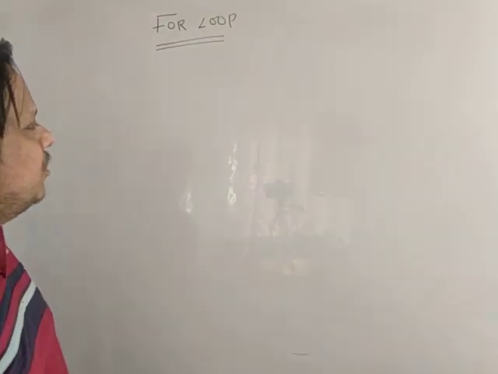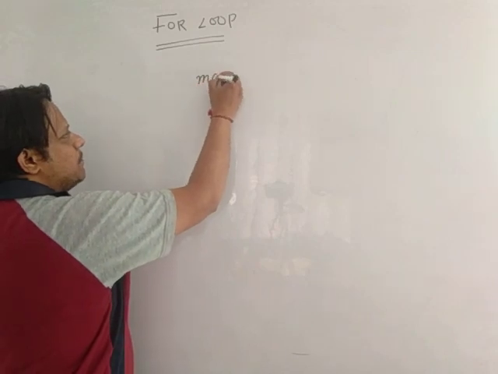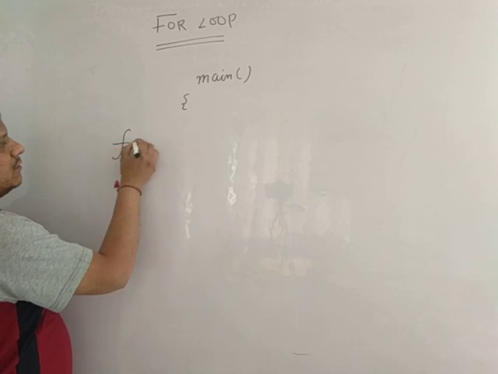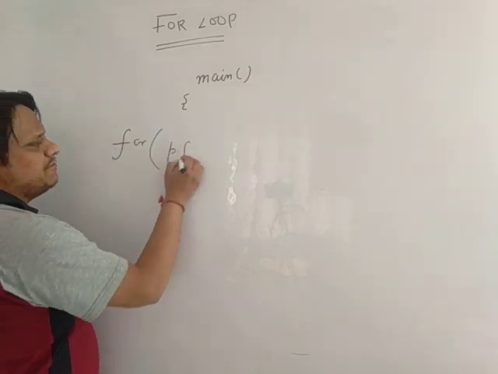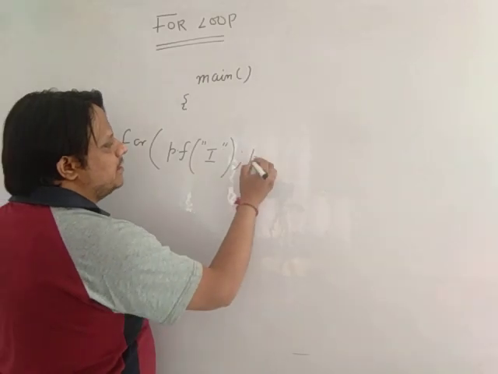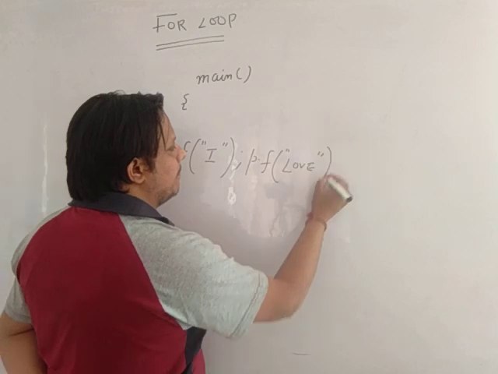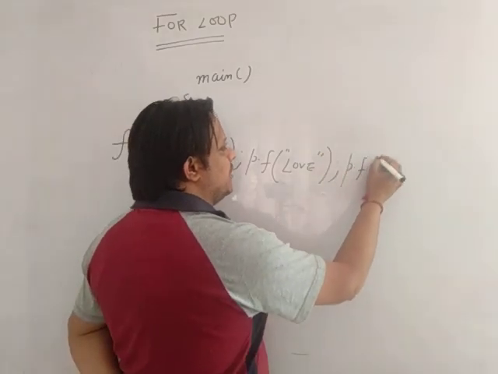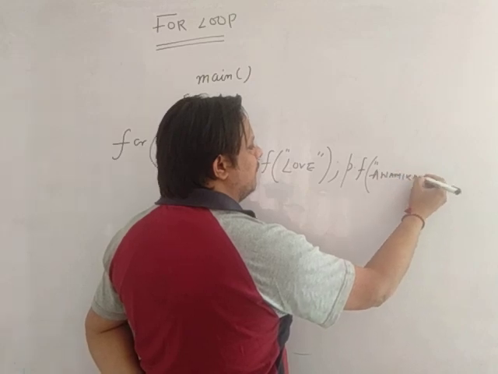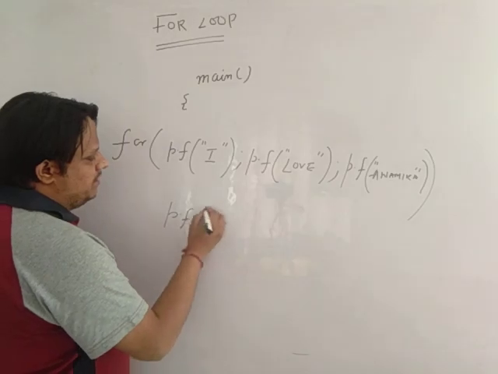Okay, so for loop. Now let's suppose I write main, and I write for, with printf("I"), printf("love"), printf("anamika"), printf("Yash").